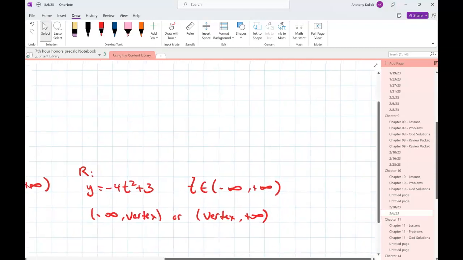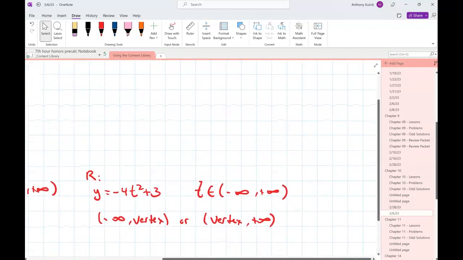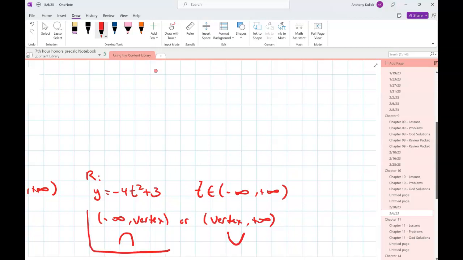So which one do we have? Well, it depends on if the parabola is opening down or opening up. I can tell it's opening down because the leading coefficient is negative. So I just need to find the output at the vertex, right?